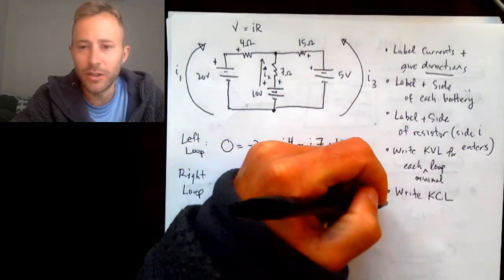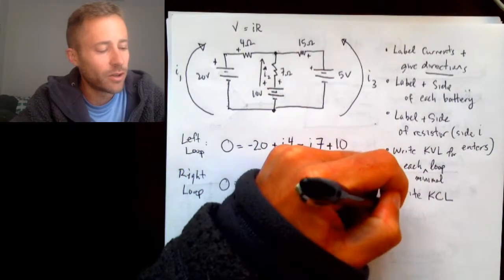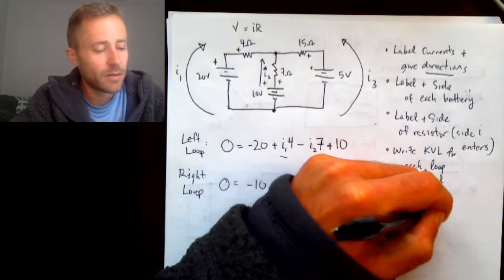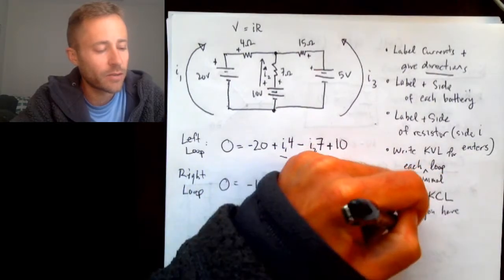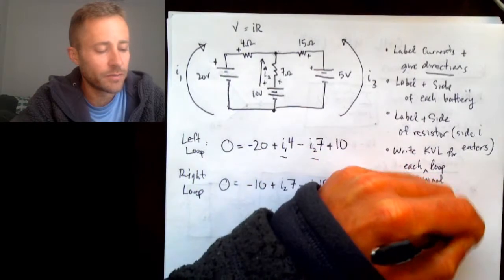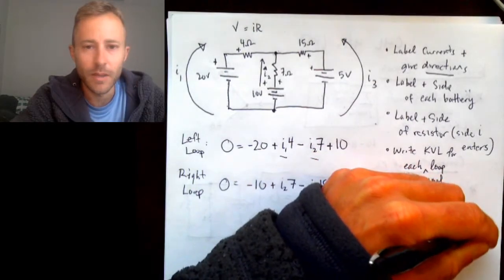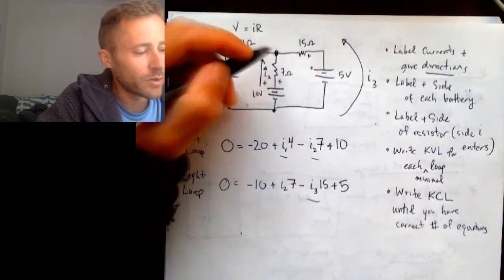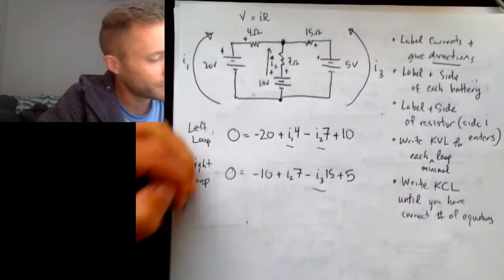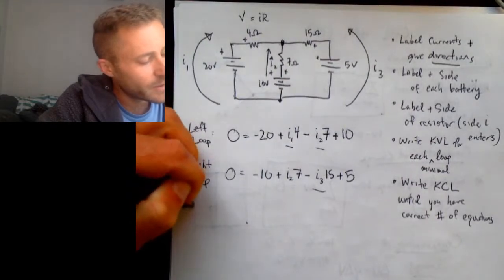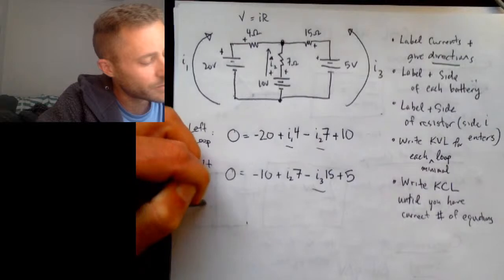So write KCL until you have the correct number of equations. So I'm going to write KCL for this junction right here. So KCL top junction.